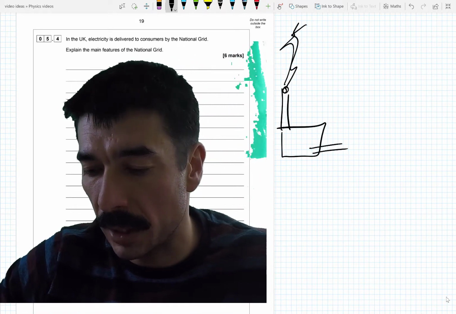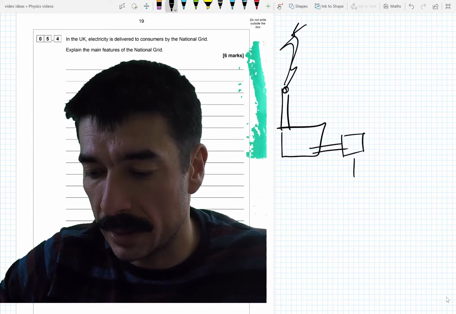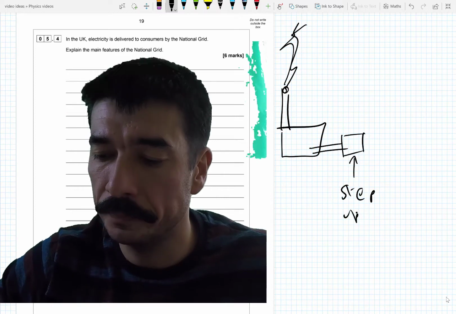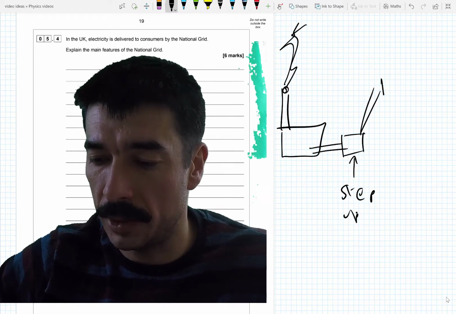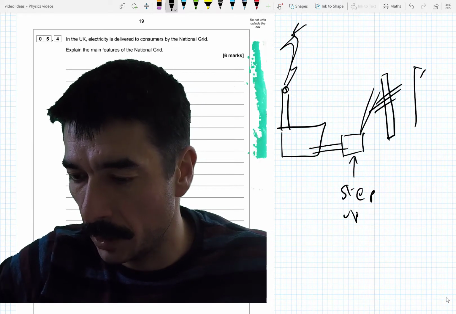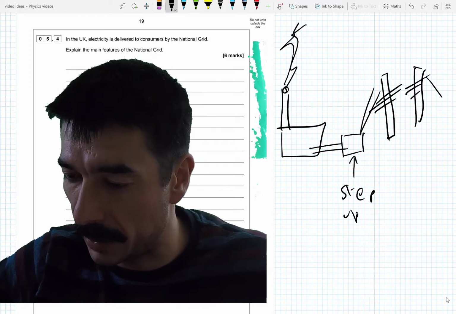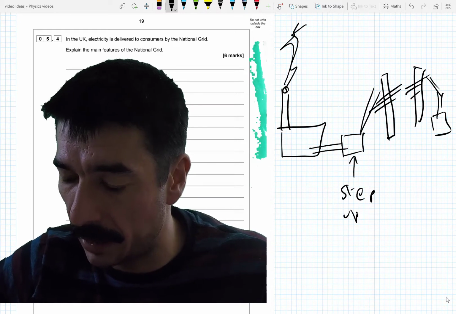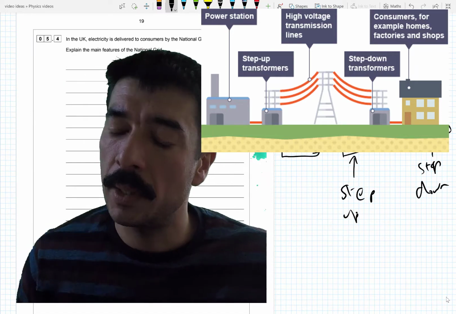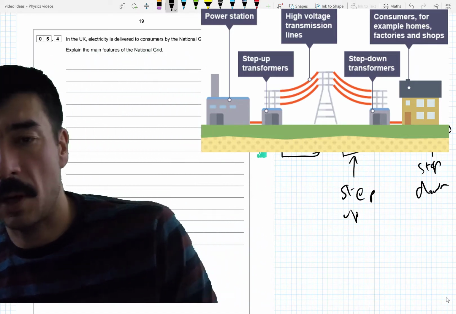The power station connects to a step-up transformer, and then that goes to transmission cables. These are the pylons to go across the country, and it comes back down again, goes to a step-down transformer, and then it goes to people's homes.